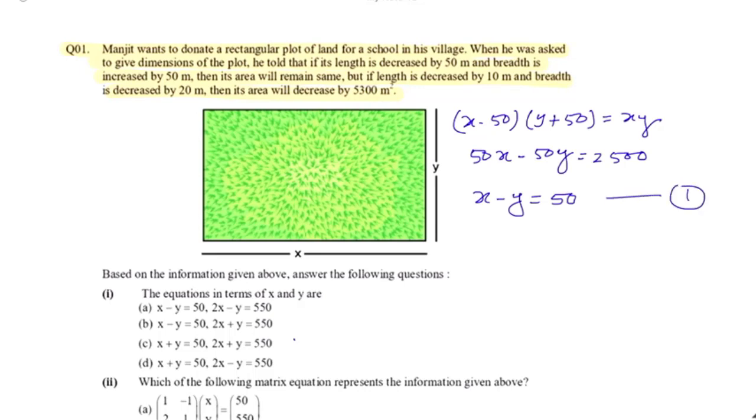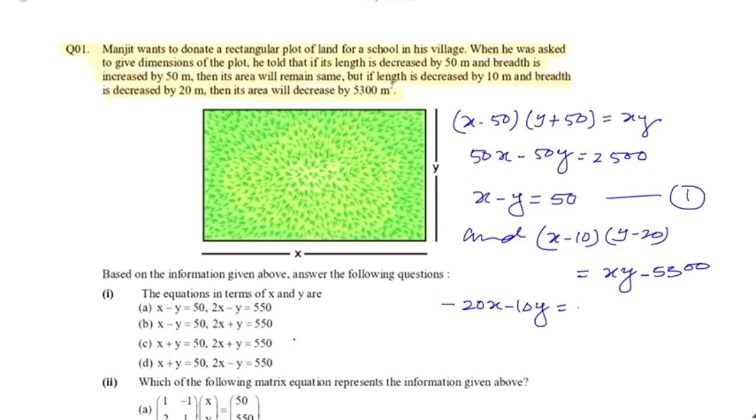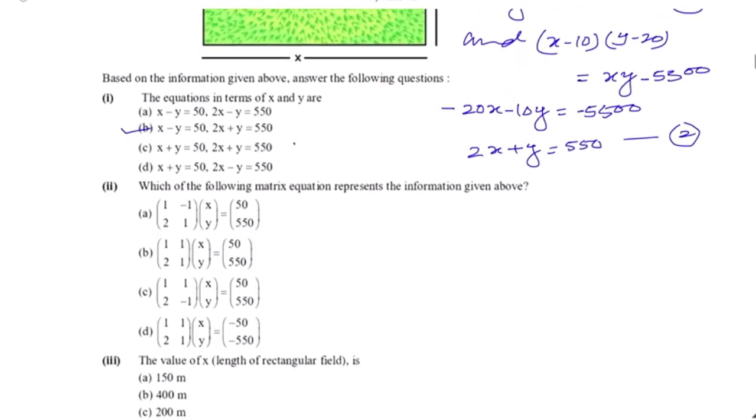So take this equation 1. (x minus 10)(y minus 20) is equal to xy minus 5300. So after simplifying, we get minus 20x minus 10y is equal to minus 5500, which can be written as 2x plus y is equal to 550. So take this equation 2. The B option is correct.